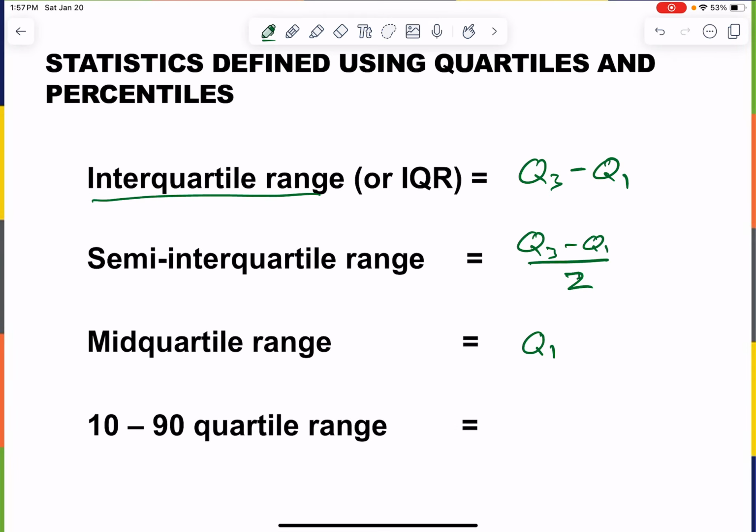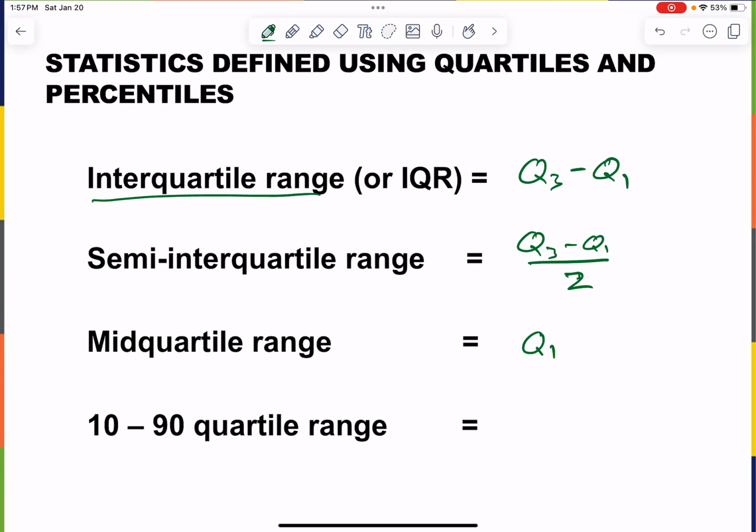Okay, let's see. Actually, let's see. Mid-quartile range, I don't think that's in the book. Let me see.